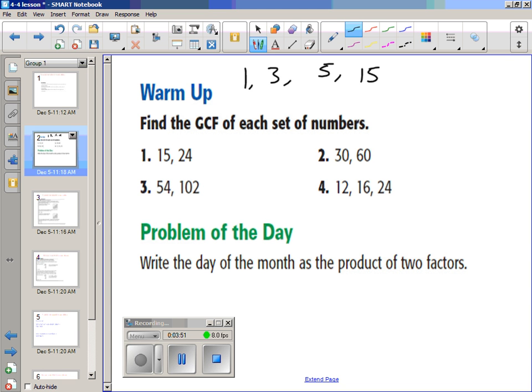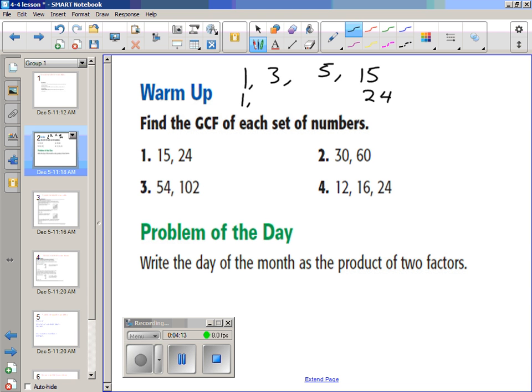And then when we look at 24, we know that 1 and 24, remember that 1 every single time. Because very soon, your greatest common factor is going to be 1. Every number shares a common factor, and 1 is a common factor for every single number.